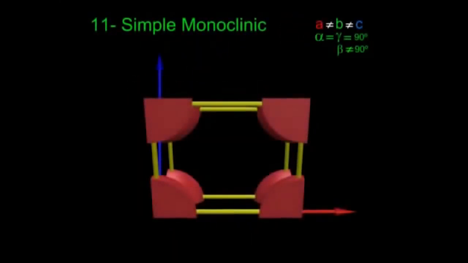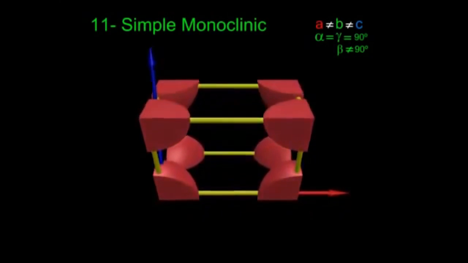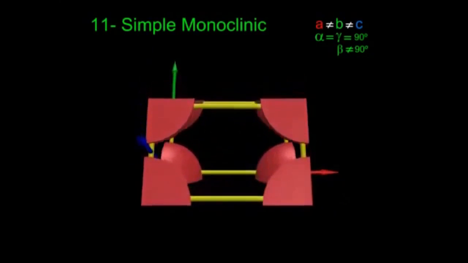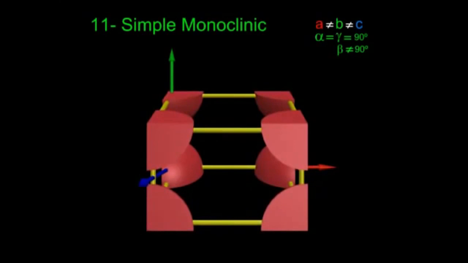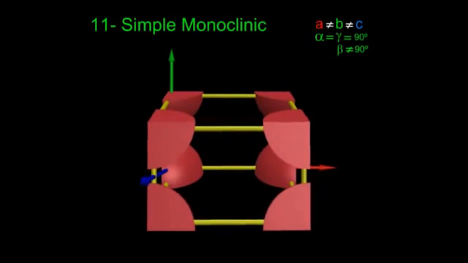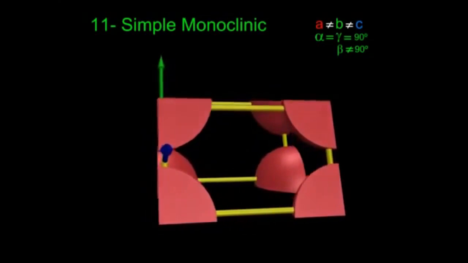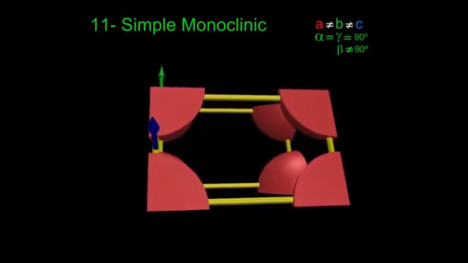This is the simple monoclinic unit cell. All sides are not equal, but here there is a slight difference. Two angles are equal and equal to 90 degrees. That is, alpha and gamma are 90 degrees. See, here we are observing 90 degrees bond angles on this side, but on the other side it is not equal to 90 degrees.